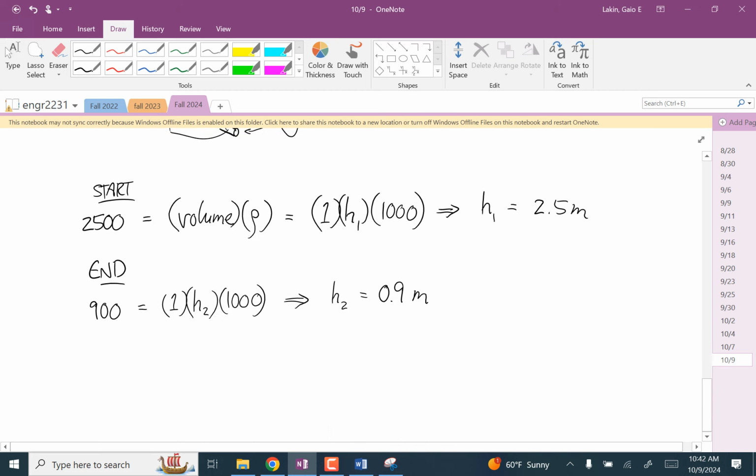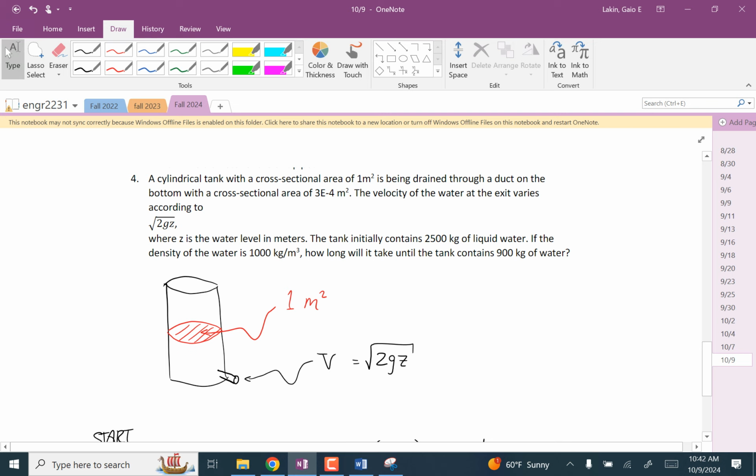All right, and now I think we can just set this up. We know that dm/dt in the control volume is equal to the rate that mass is coming in minus the rate that mass is leaving. I don't think it says anything about anything coming in, right? It's just leaving.